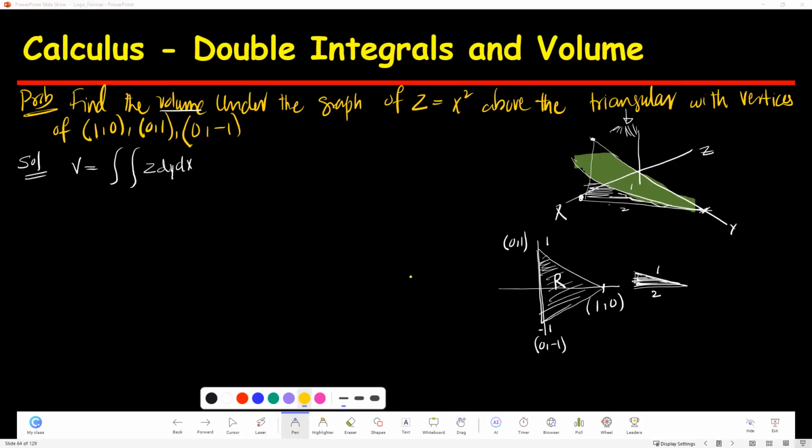Now I told you we can make a vertical line. So I'm going to make a vertical line like this and move this line somewhere here.